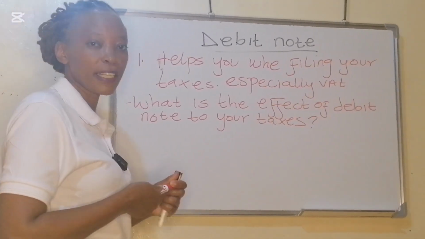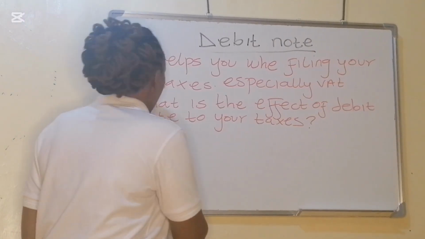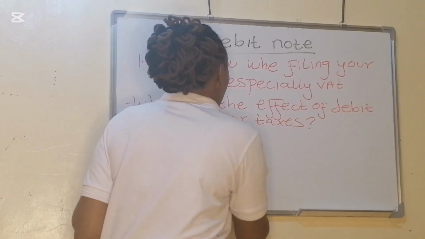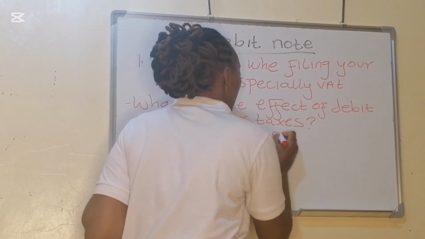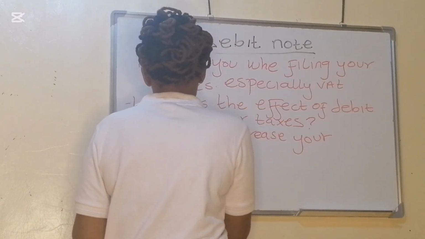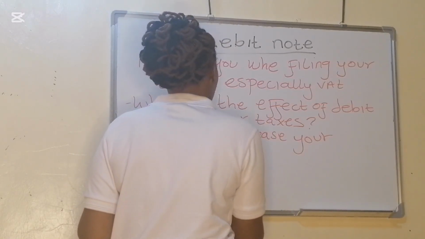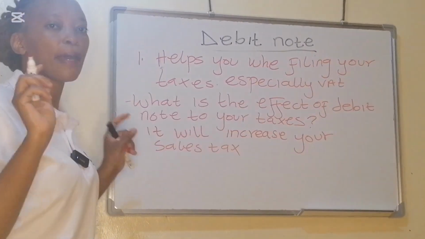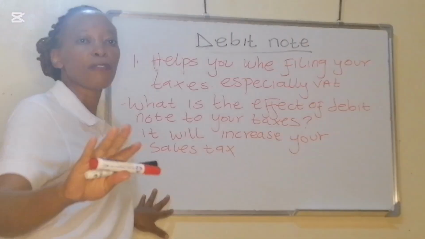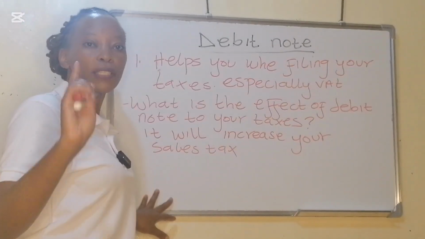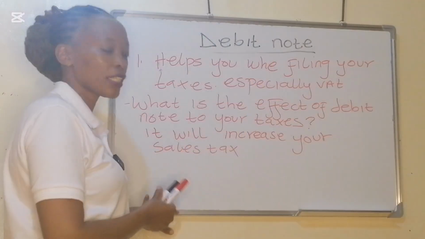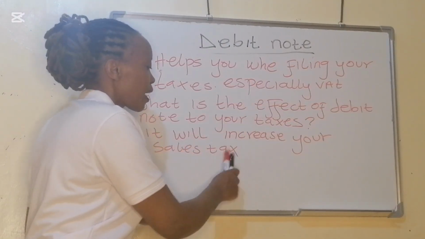Okay, the effect: the debit note will increase your sales tax. So when you explain a debit note to a person, and you expound on it and tell them how it is going to affect their taxes, your taxes will be affected. Because when you write a debit note, it means you have to adjust your sales tax.